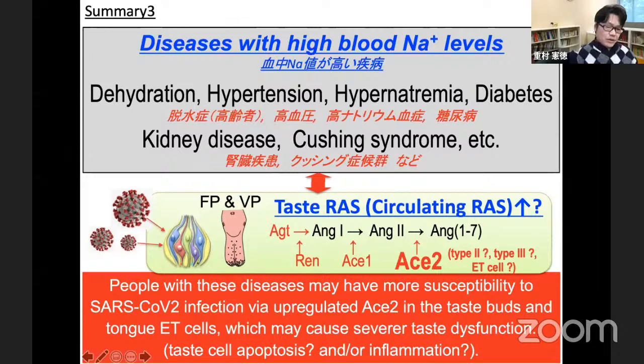Thus, in order to prevent taste loss, we speculated it may be important to control the renin activity in the taste bud by taking proper medication.